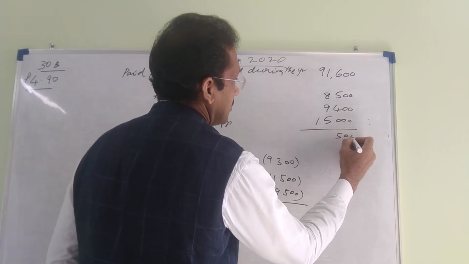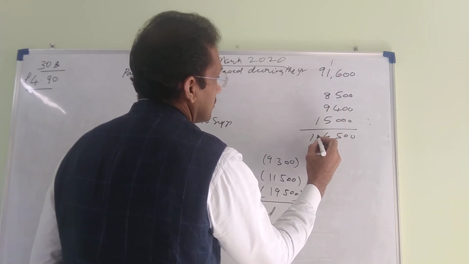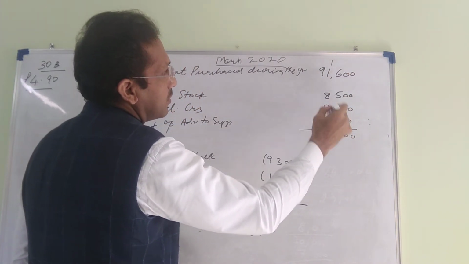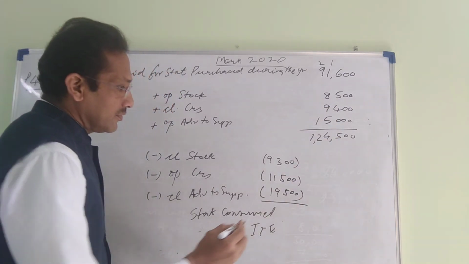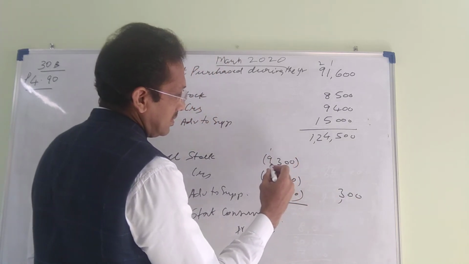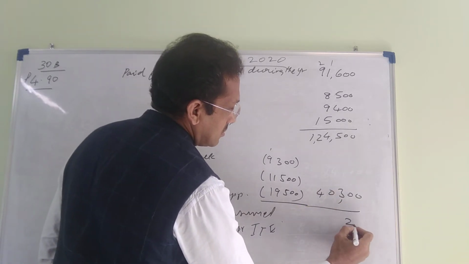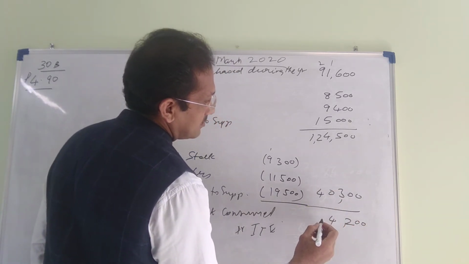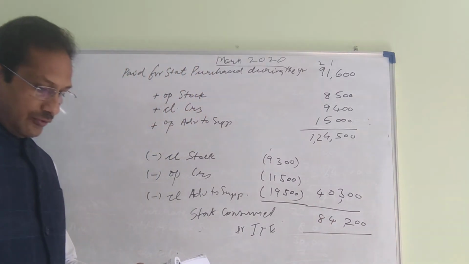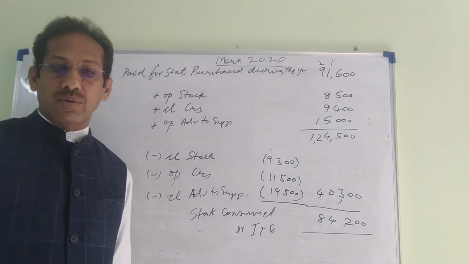So the total comes to 84,200. So 84,200 will be debited in the income and expenditure account.